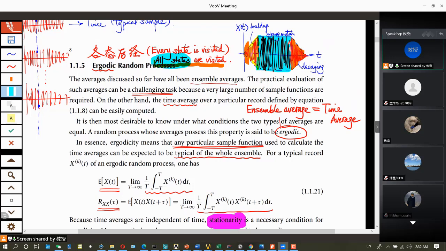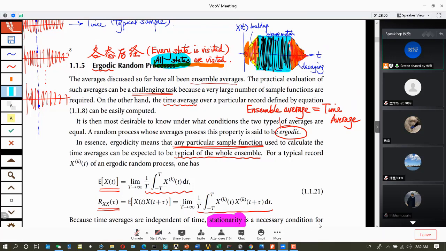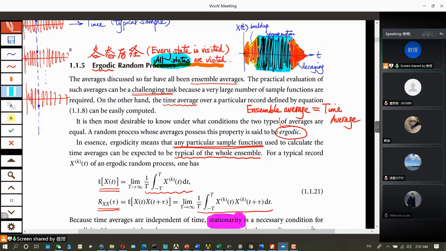All states are visited, because for physical processes, it's very difficult, very challenging to rigorously prove that all the conditions are satisfied. But we can use what we can visualize to reasonably make the approximation.